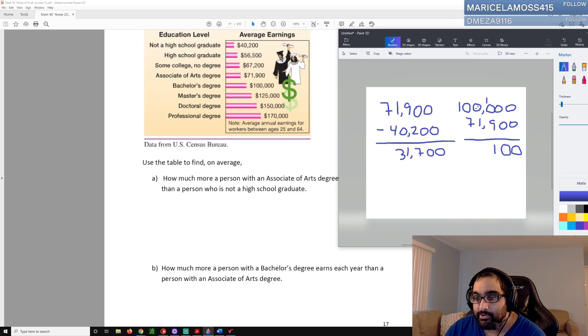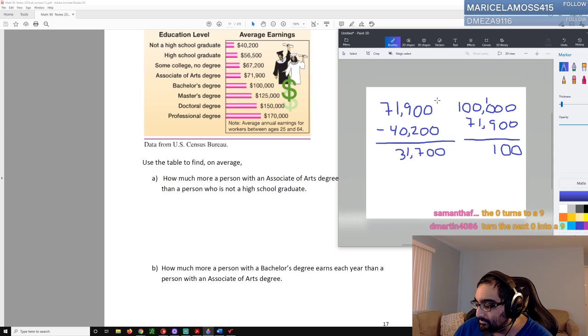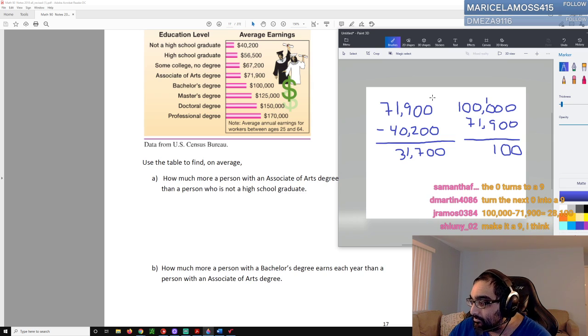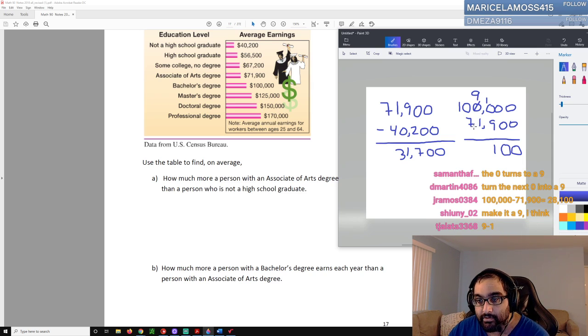What happens for these next ones? The 0 turns into a 9. Okay, so they make that a 9. I agree. Now, if I made this a 9, what else do I have to do?